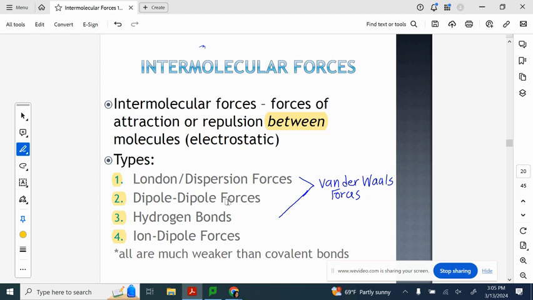All right, you good? Anybody need more time? These 3 are called van der Waals forces.